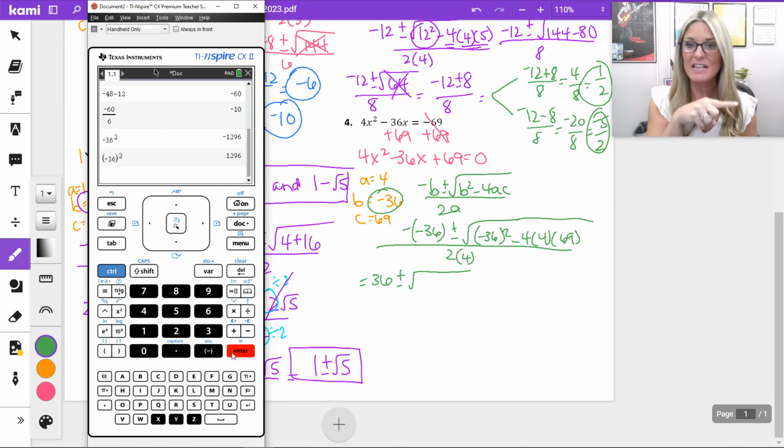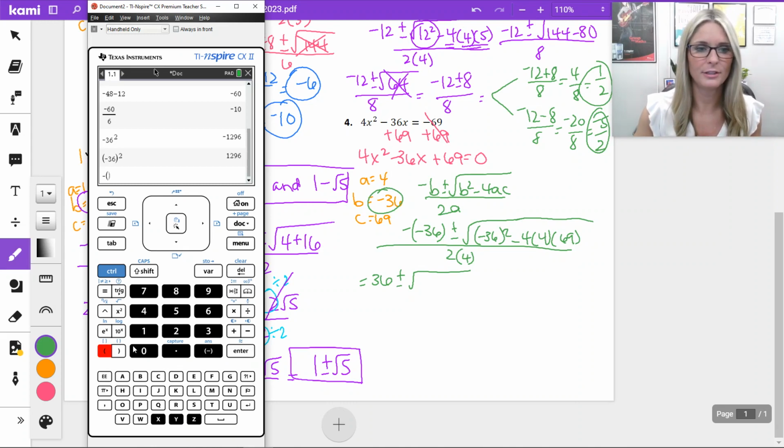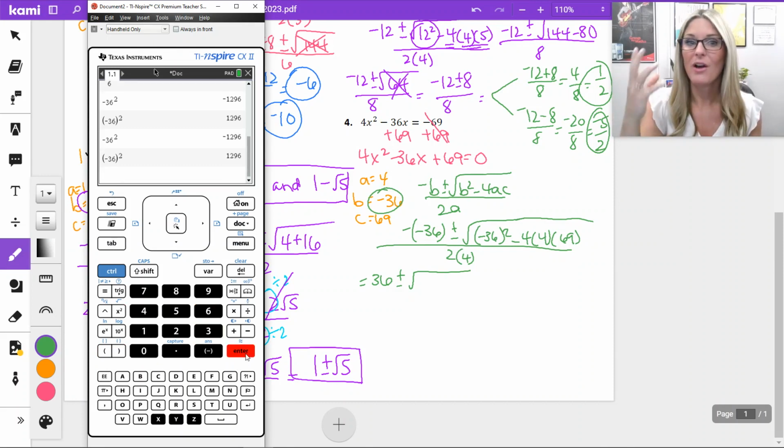What you're telling it in the first one is negative, like a negative 1 coefficient, a negative, and square the 36. Your calculator sees negative and the 36 in the parentheses being squared. Okay? That's wrong. We don't want that. We want negative 36 times negative 36. So use your parentheses, be smart, or remember, we're always going to have a positive number here.